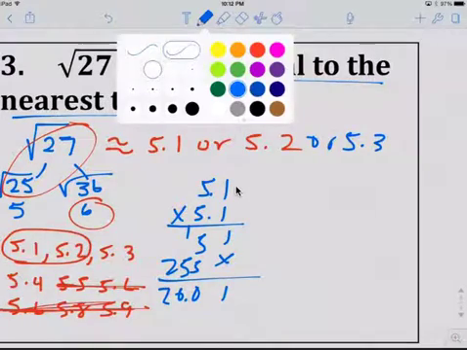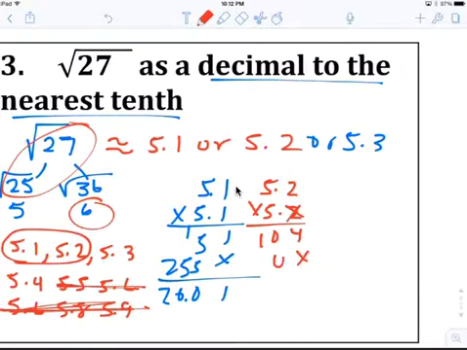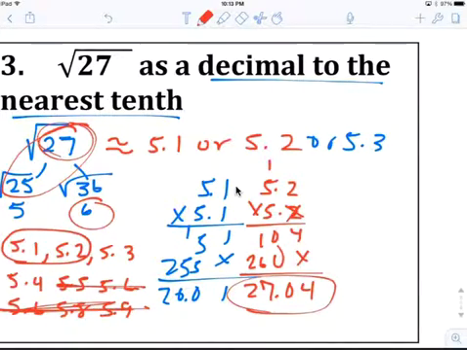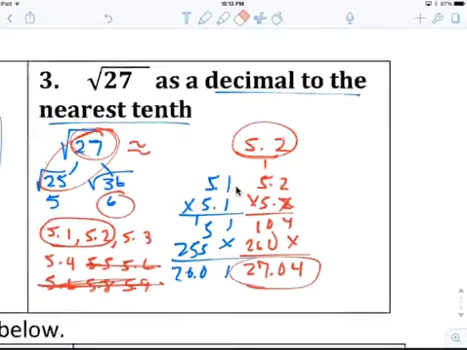So it must be between these two now. 5.2 times 5.2: 4, 10, 10, carry the 1, 26. You get 27.04. Oh yeah, that's the answer, 27. This is definitely it. So 5.2 is my answer. My other answer is our only possible answer, okay?